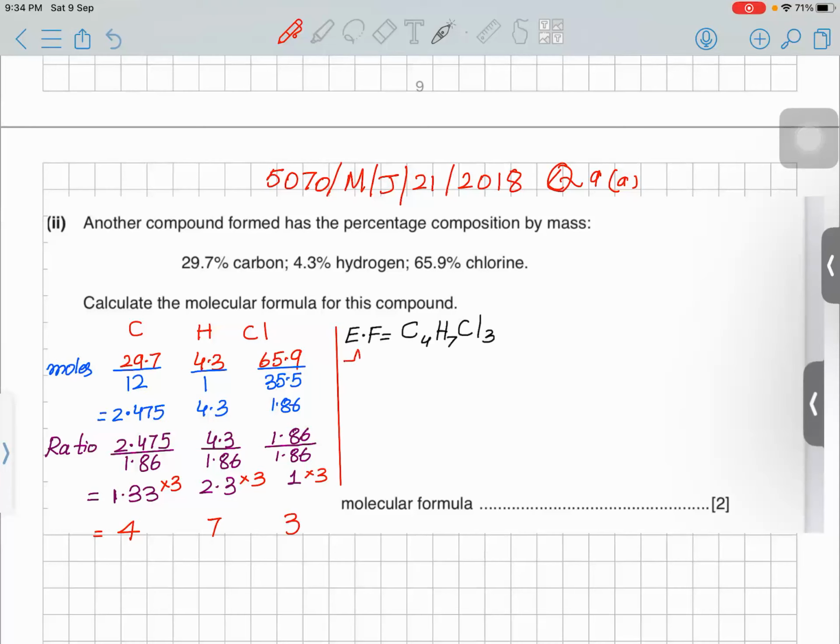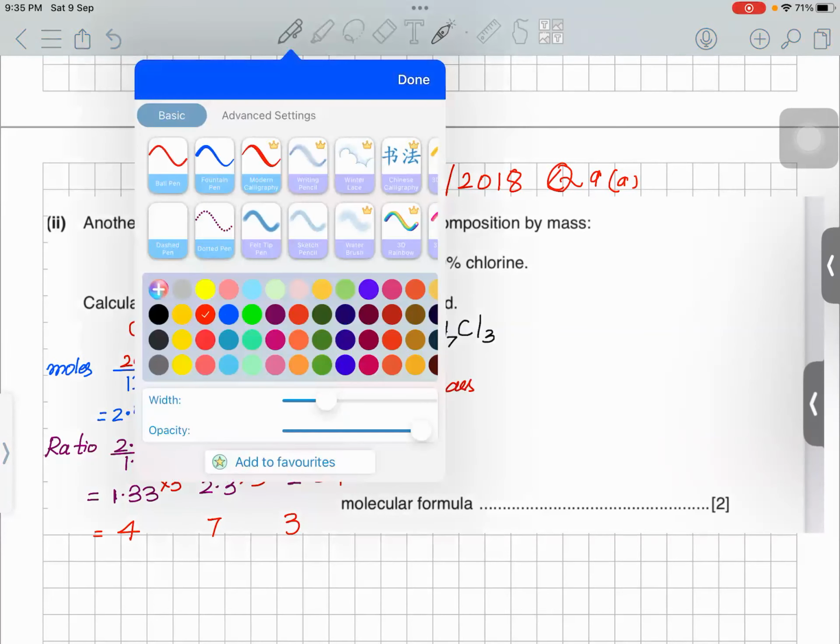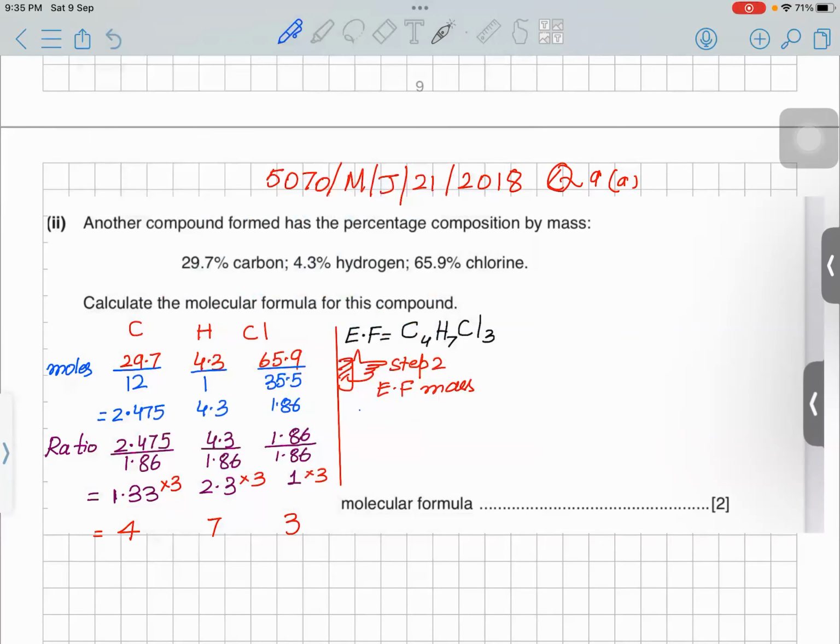Now step 2, empirical formula mass. 4C plus 7H plus 3Cl.